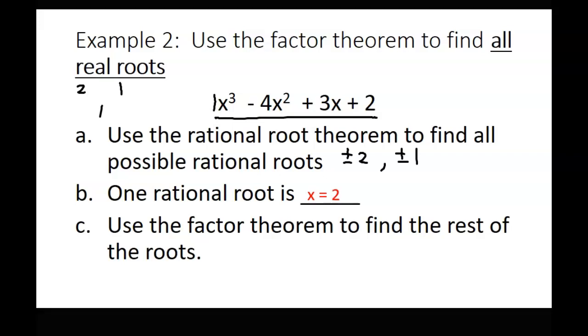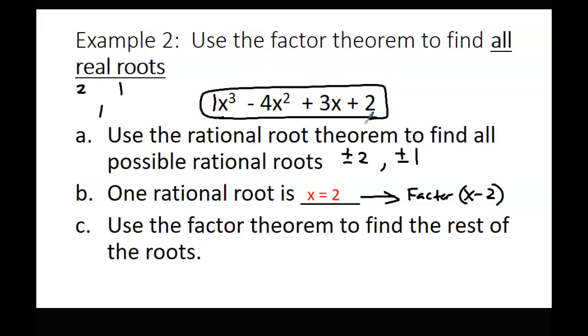So, according to the factor theorem, if 2 is my root, then what's my factor? Yep. And if x minus 2 is my factor, I can divide that into this polynomial to factor it some more. Okay? Am I good to switch slides?